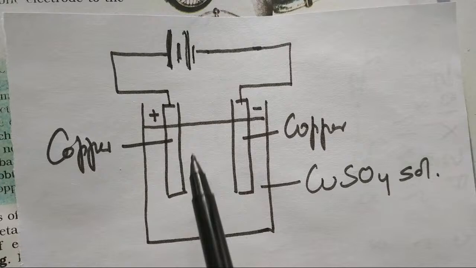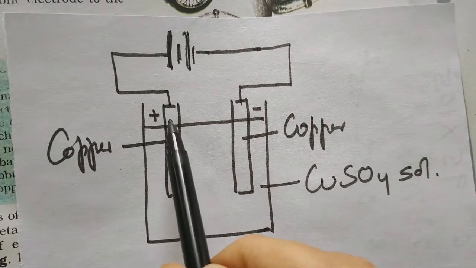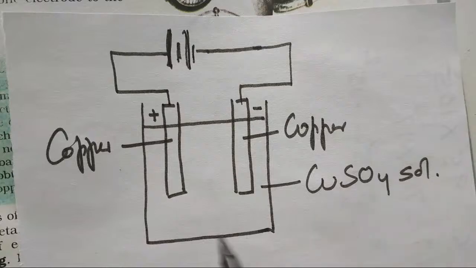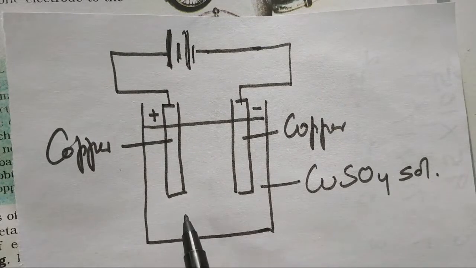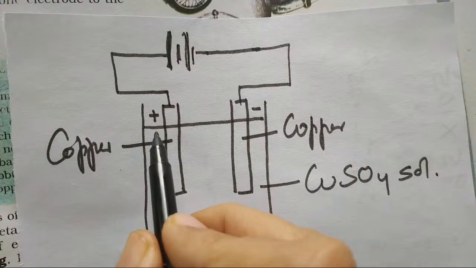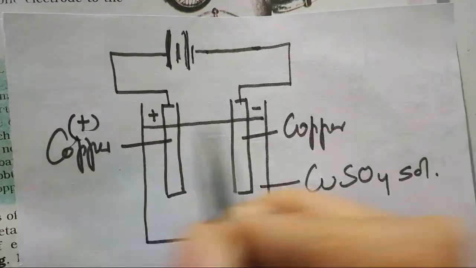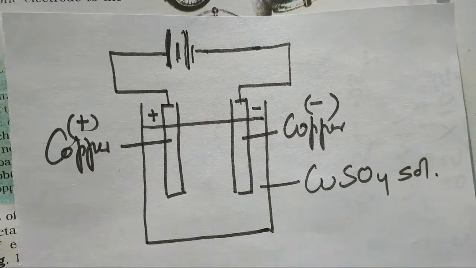So three things are there: one positive rod, one negative rod, and copper sulfate solution, which is the liquid filled inside.